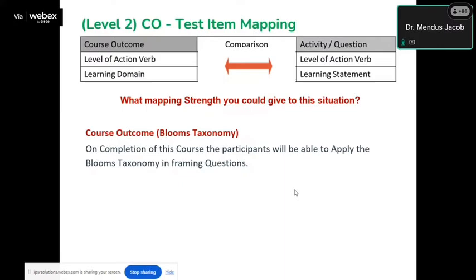Now, the course outcome means every participant should apply Bloom's taxonomy in framing questions. Okay. So can anybody say which level of CO is this? We have written a CO here. What is the level of this course outcome according to Bloom's taxonomy? You can put it in the chat box.